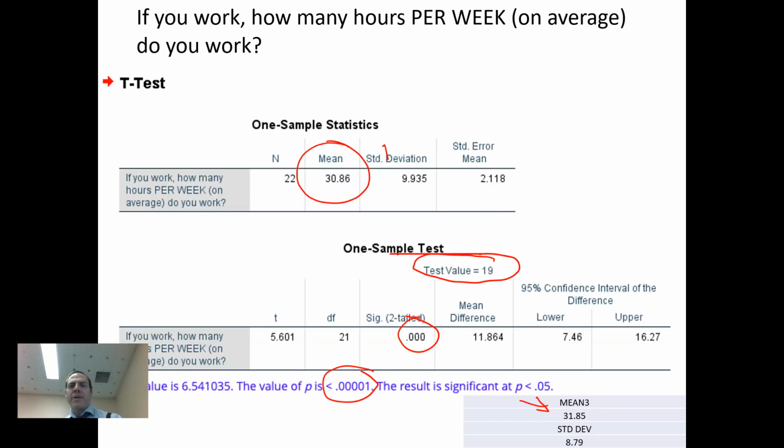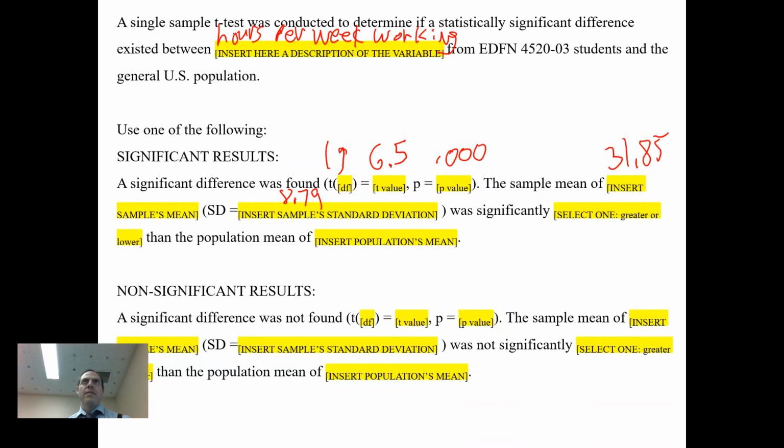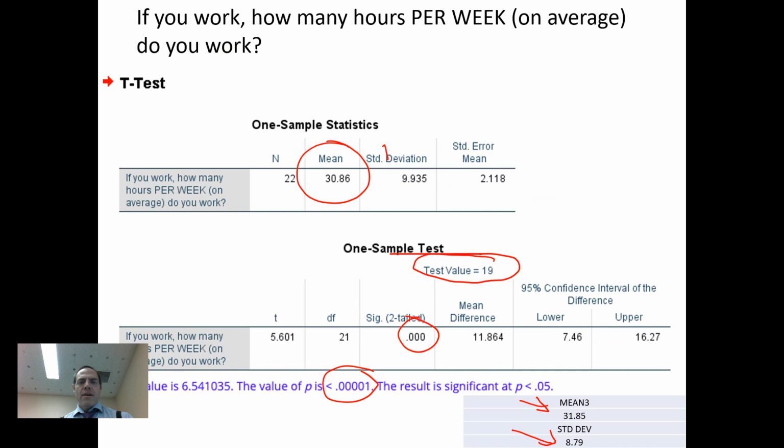So all these came from Excel, by the way, if you followed what I did. The p-value you got from the online calculator, right? That's okay. When you start reporting this, 3 decimal places is fine.